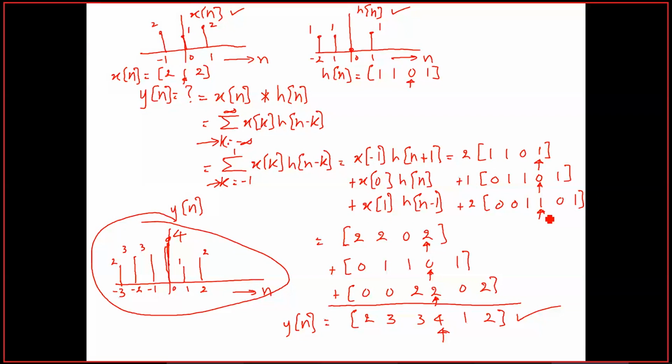So those of you who are good with these types of things can just write it in a single line and still get this answer very nicely. But if you want to be more careful, then it always helps if you write these things in multiple lines, so that the alignment remains correct.